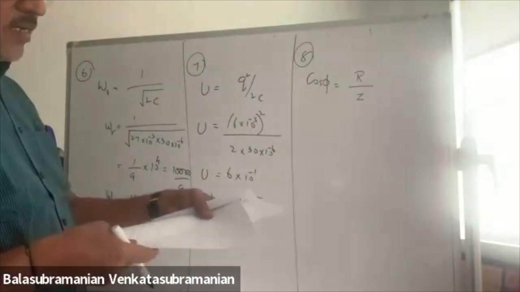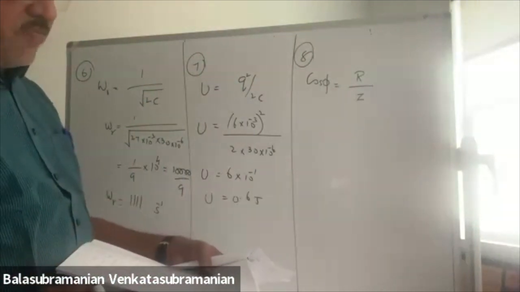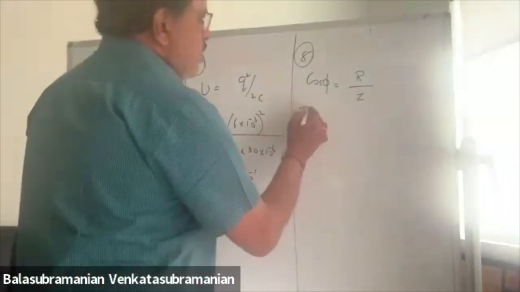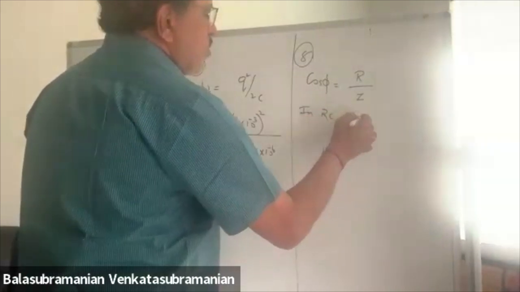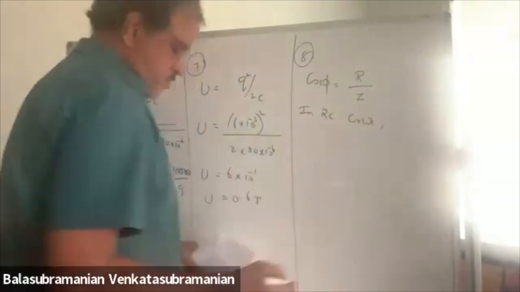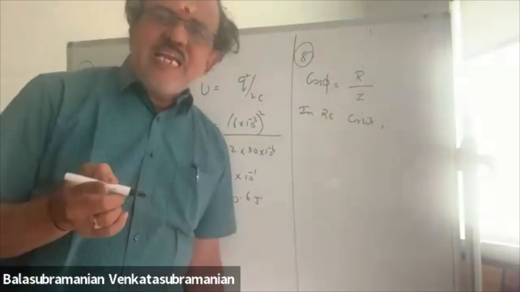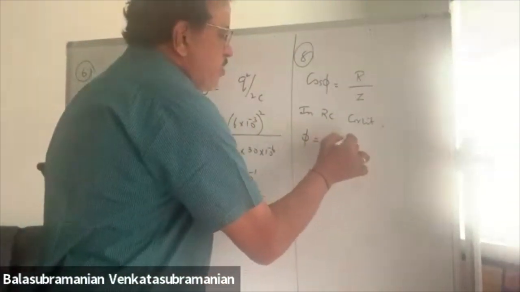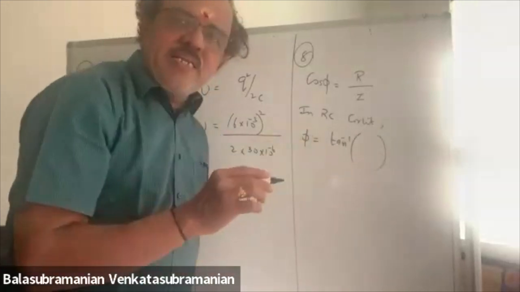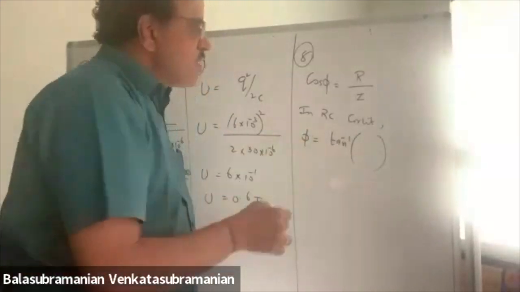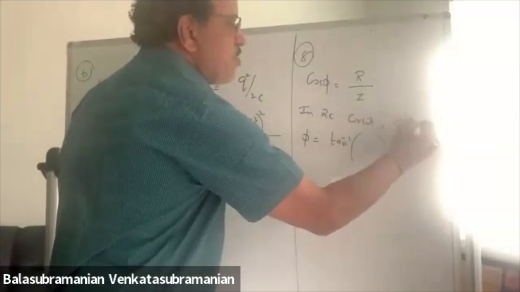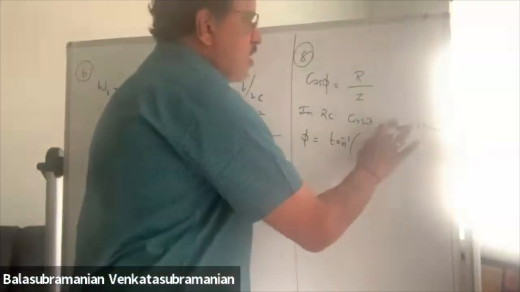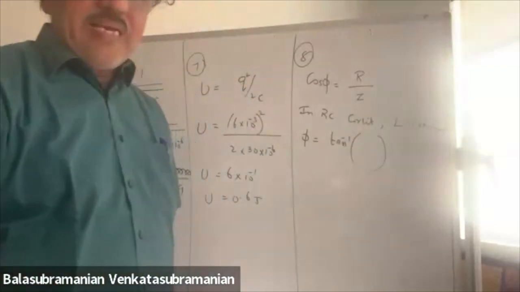R we have to calculate. XL, XC we have to calculate. In RC circuit, question, when L is removed, phi is equal to tan inverse of XL minus XC by R. First, L is removed.